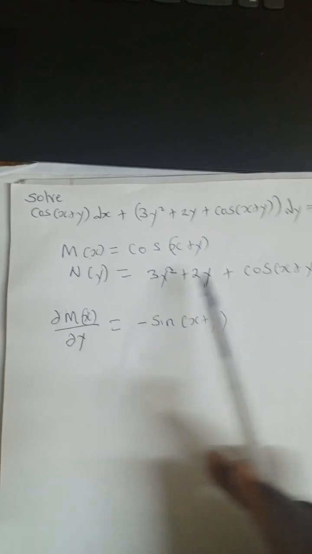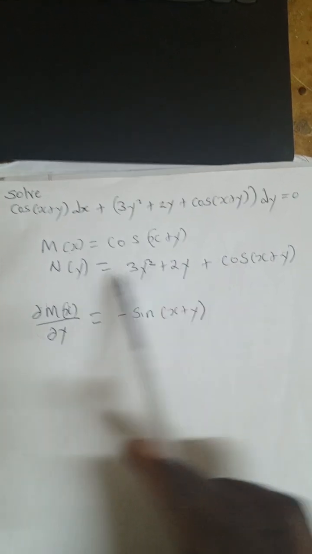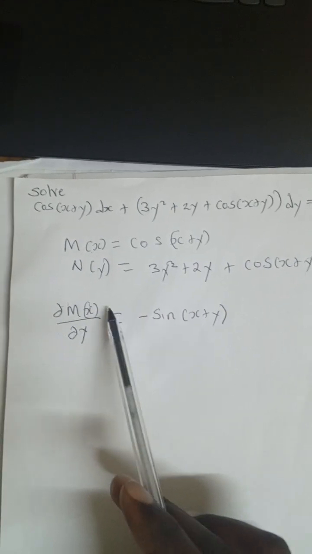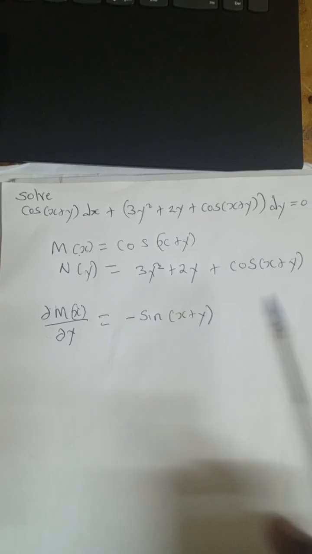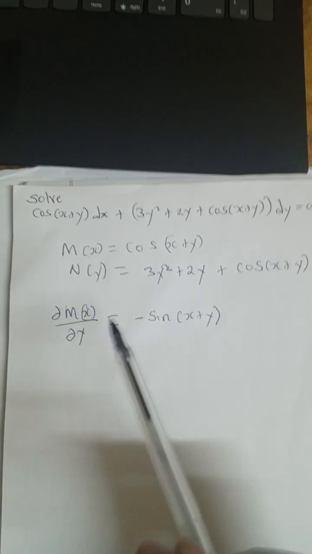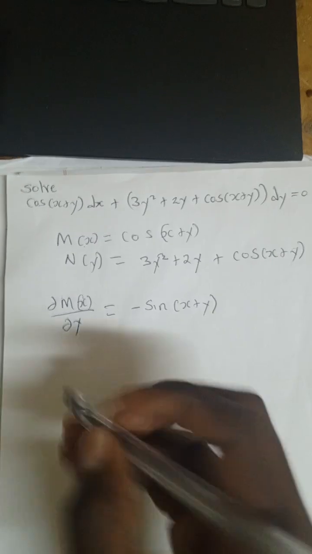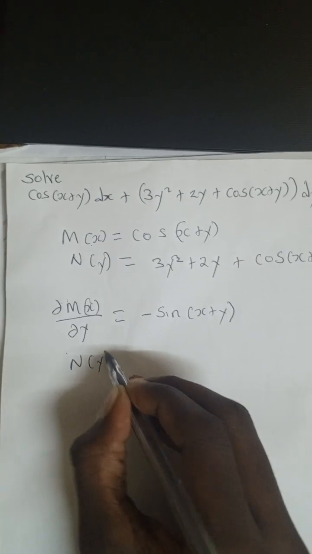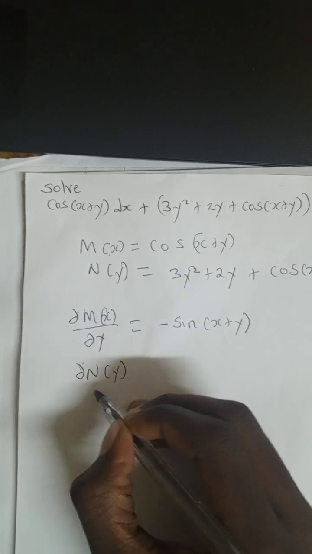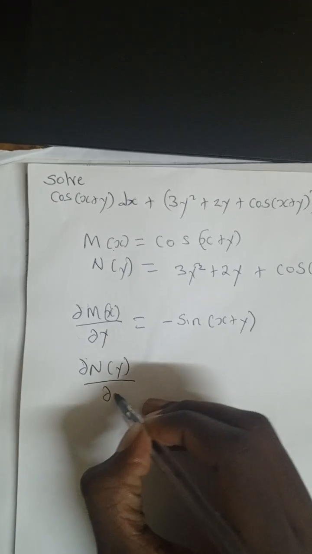Let's come to the function of y. If N is going to be exactly equal to negative sin(x + y), then this equation will be proved to be exact. So we'll take N of y and differentiate it partially with respect to x.